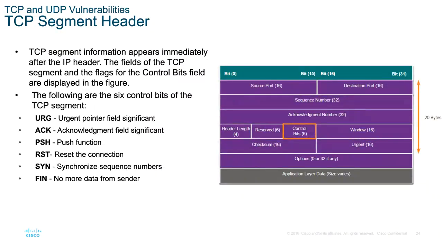Within the control bit field, we have 6 bits, and these will tell you whether the packet is urgent, whether it's an acknowledgement, whether it's pushing, resetting the connection, synchronizing sequence numbers, or finishing off the communication. So these can be used to disable or change the communication.